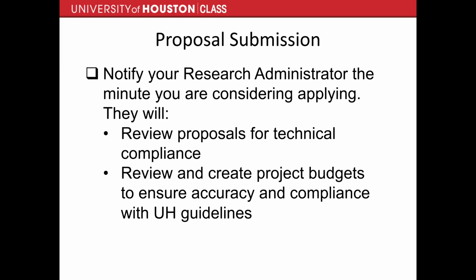But it's up to you. Again, you know your style, so it might be beneficial for you to contact the research administrator during the proposal development process. But you absolutely have to contact them when you're ready to submit, because they are the authorized person, the designated person to submit on behalf of the college as well as the university.